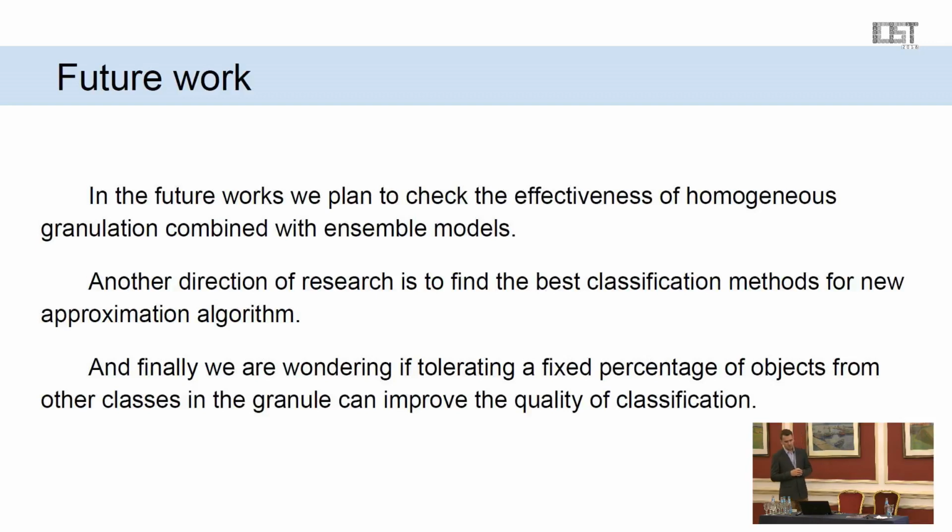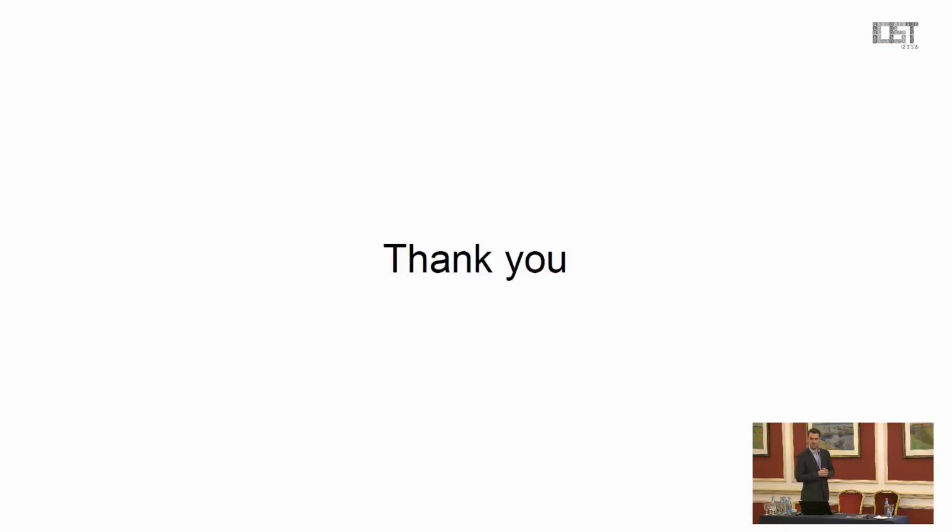So these results are quite promising. And finally, we are thinking that maybe tolerating a small fixed percentage of objects from other decision classes, but with similar attribute values, could provide better classification results. Thank you very much.